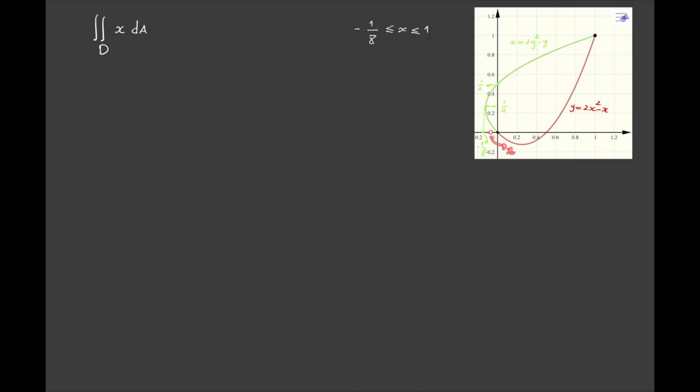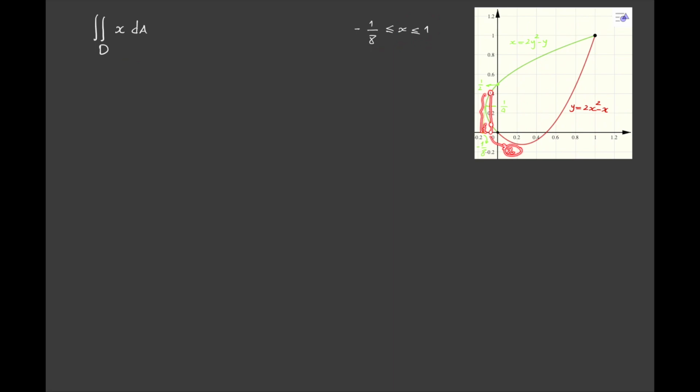I do the same thing. I draw a vertical line to cut my domain, so I have to go upward, and then you see that I have two cuts. This is the lowest y value for this particular x, and this is the highest y value for that particular x. But this time, both the lowest and the highest are lying on the green curve. So this needs consideration.